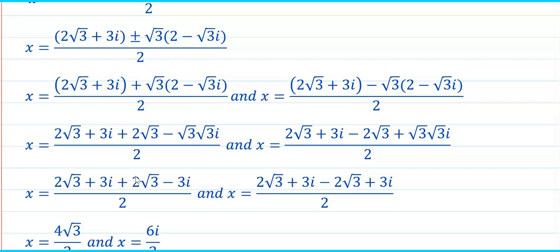That is, 2 root 3 plus 3i, 2 root 3 minus 3i, upon 2.